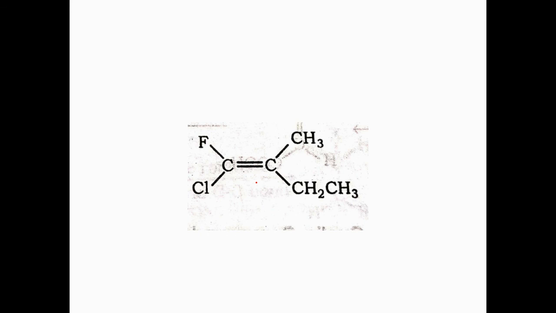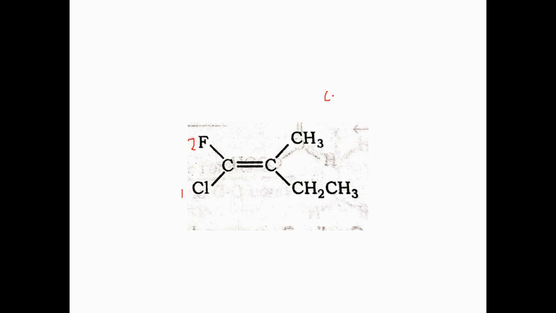In the second example, the carbon is directly bonded with fluorine and chlorine. Comparing the atomic numbers, chlorine is greater than fluorine, so we give priority 1 for chlorine and 2 for fluorine. In this case, here the carbon is bonded with carbon and carbon. Both atoms are the same, so we have to consider the next atoms.